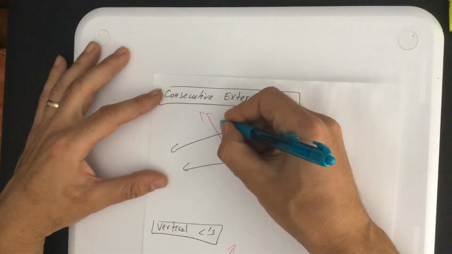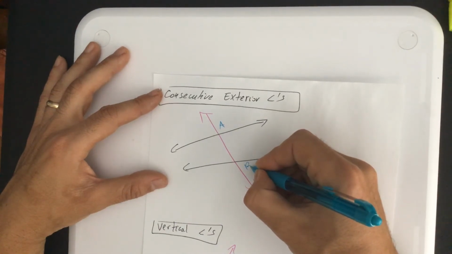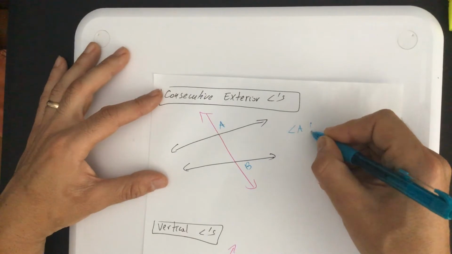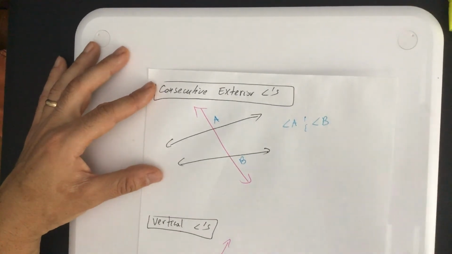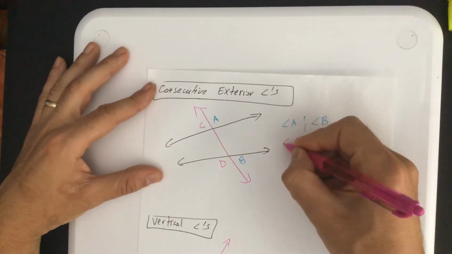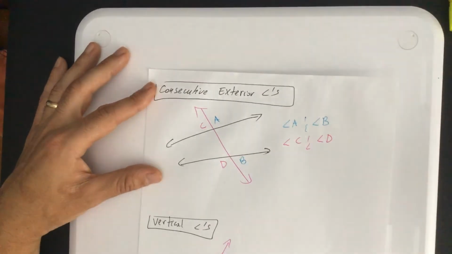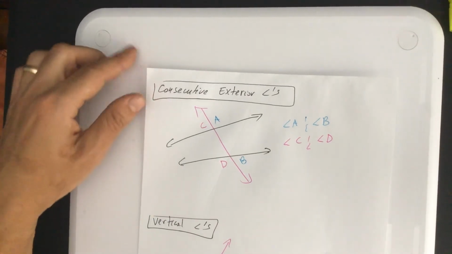So let's call this one A, and the other one will be here, angle B. So angle A and angle B. And the other pair will be this one, C and D. Angle C and angle D. Consecutive exterior.